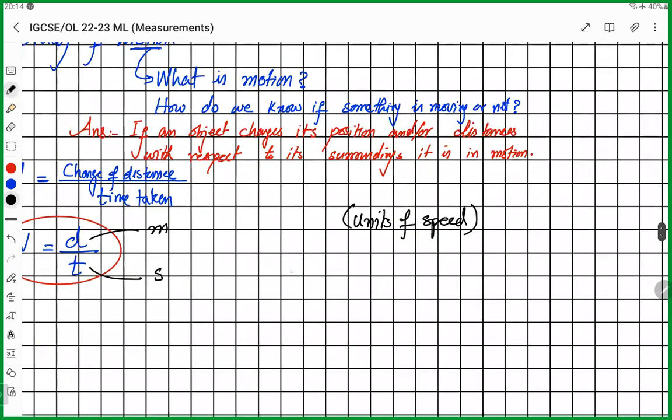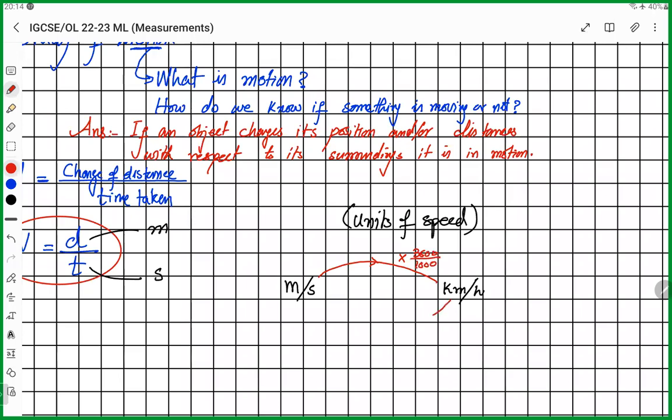Units of speed. There are two units, meter per second and kilometer per hour. So if we have to convert meter per second to kilometer per hour, we have to multiply by 3600 and divide by 1000.